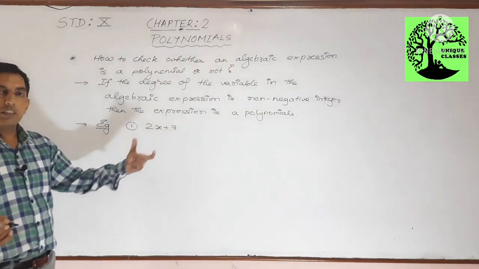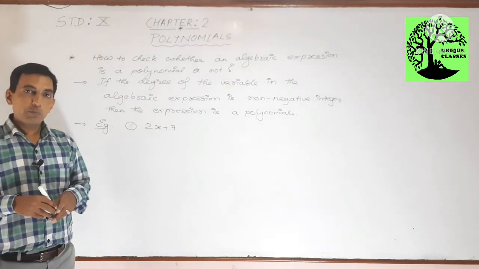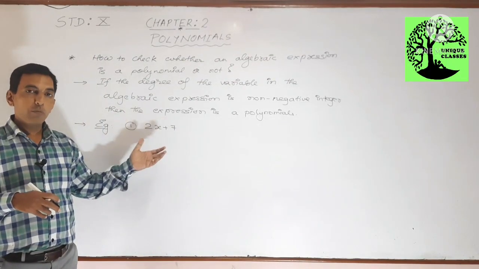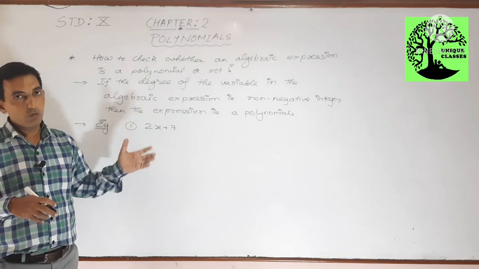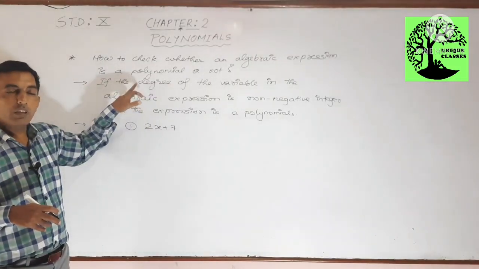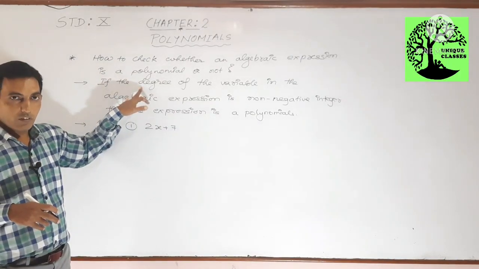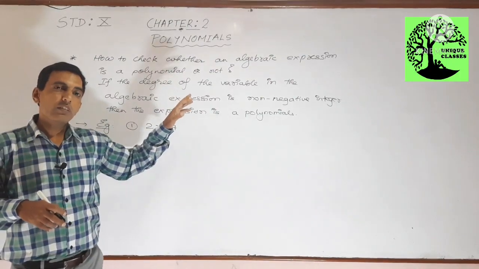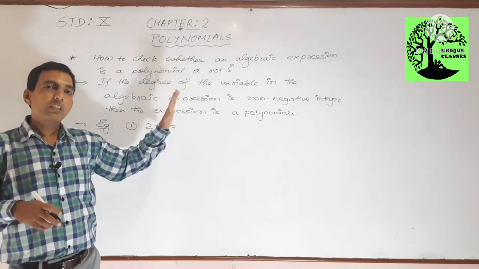Here I have taken an example of an algebraic expression. Now, we are going to check whether this expression is a polynomial or not. For checking, you have to consider this statement: check whether the degree of the variable is a non-negative integer or not.